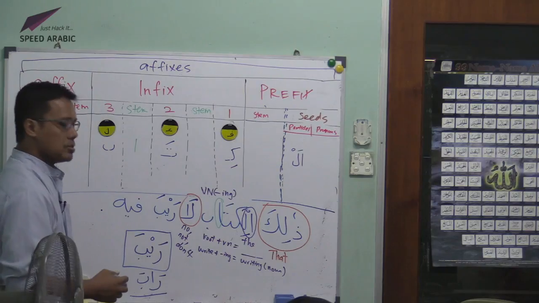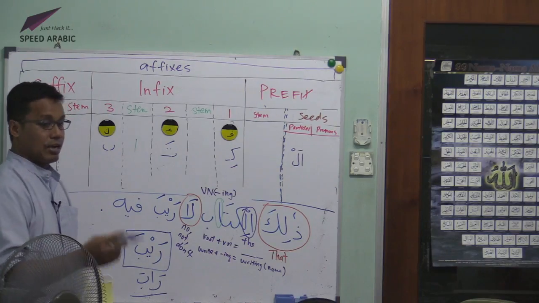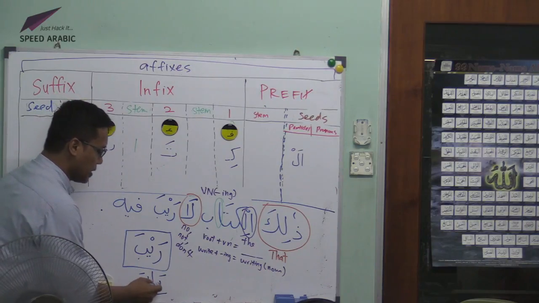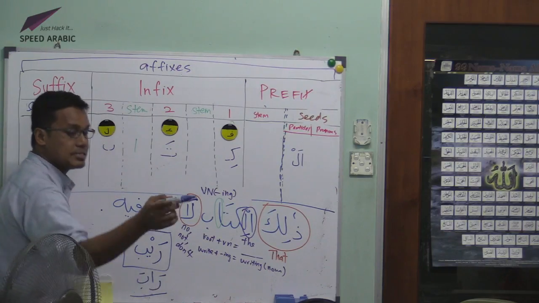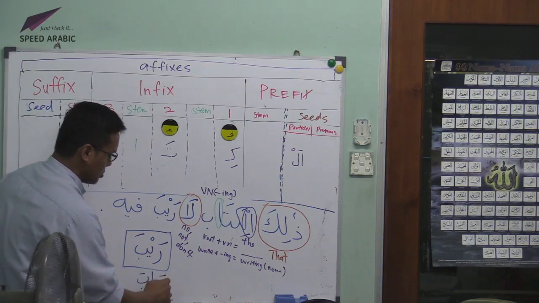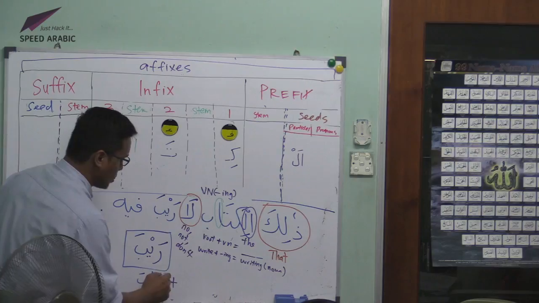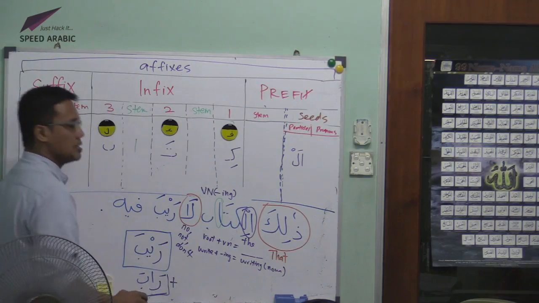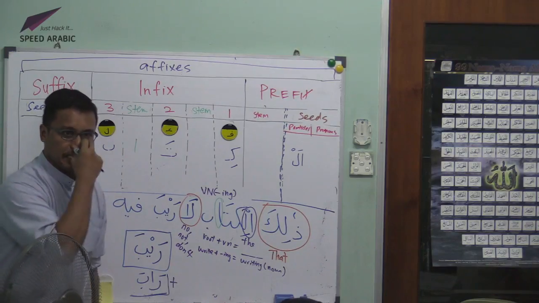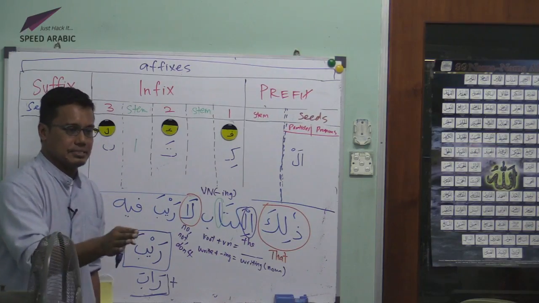Okay, so when you have found it, you find Ra, Alif, Ba. What does it say there? To be uncertain. So this Ra, Ba, you have to take note: every entry in the dictionary is a past tense.